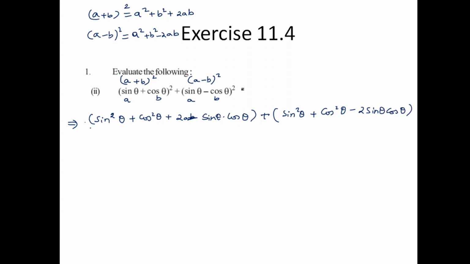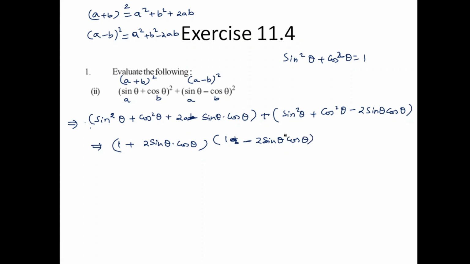As I said in the earlier sum, you have an identity. If you have sin square theta plus cos square theta, you can write this as 1 directly. So this is written as 1 over here plus 2 times ab, that is sin theta into cos theta. Similarly, 1 plus, no, you will have minus 2 into sin theta into cos theta.